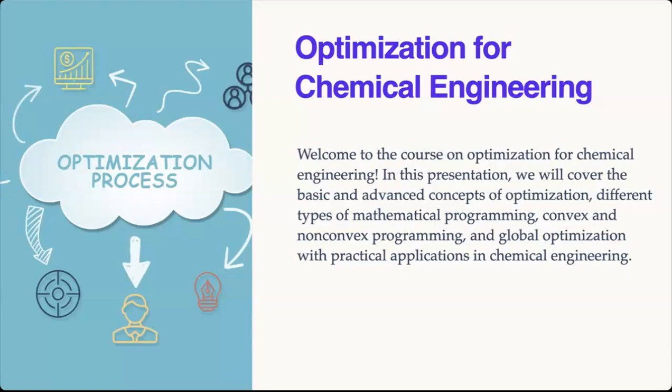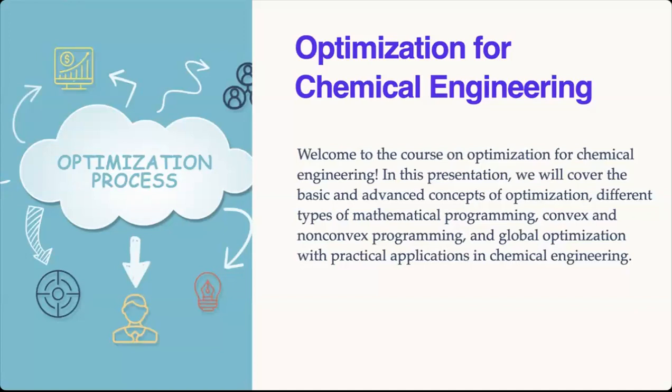And the class also extends to the concept of convex and non-convex programming. Okay. Whenever we say programming, that means mathematical programming. In other words, we also know that it is an optimization problem. For linear optimization problems, from time to time, we use the words linear programming.